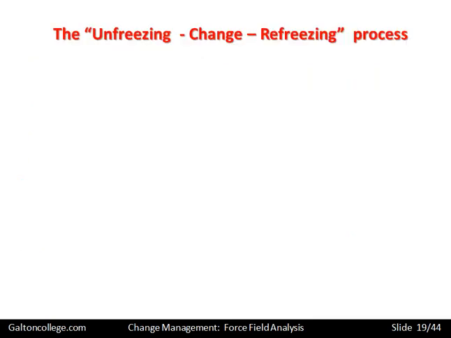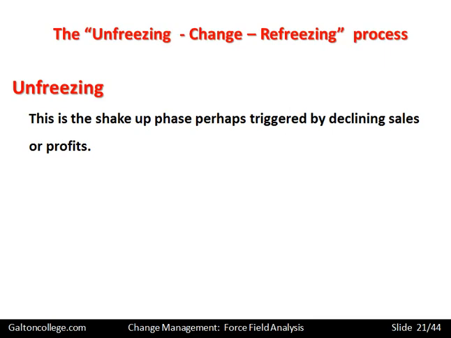Let's start with the unfreezing, change and refreezing process. Let's have a look at this and see how it works. We'll start specifically with unfreezing. This is the shake-up phase, perhaps triggered by declining sales or profits.